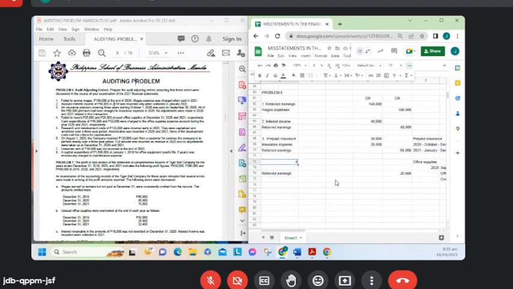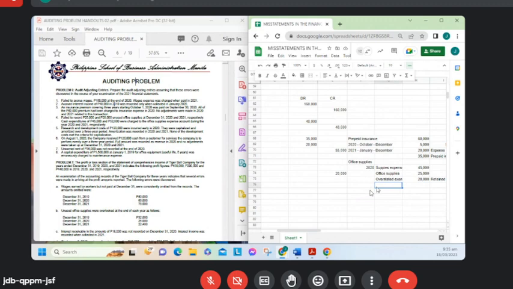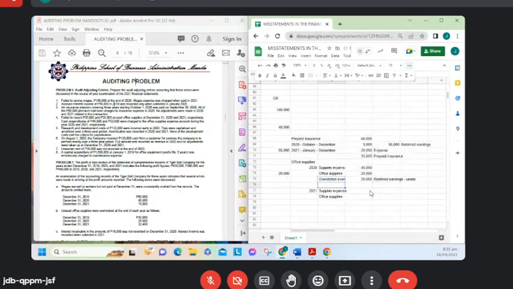Additional information. In 2021 naman, 52,000 naman siya. So in 2021, ganun ulit. So 52,000. Then there is a 28,000 unused supplies.